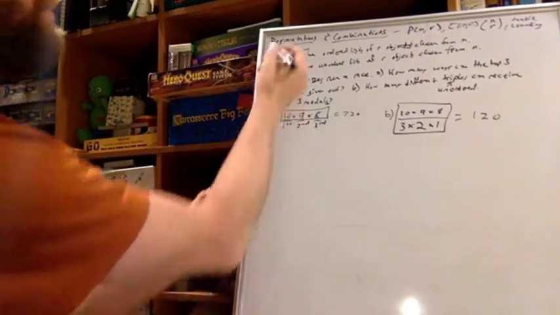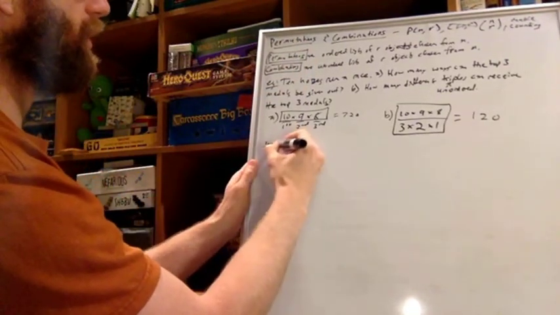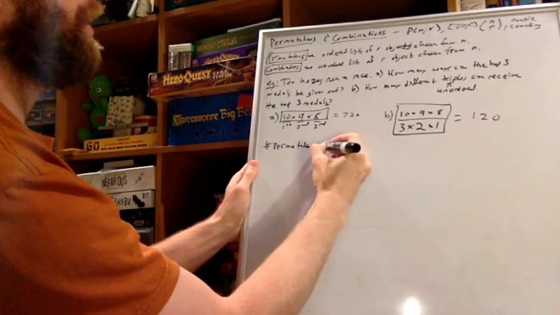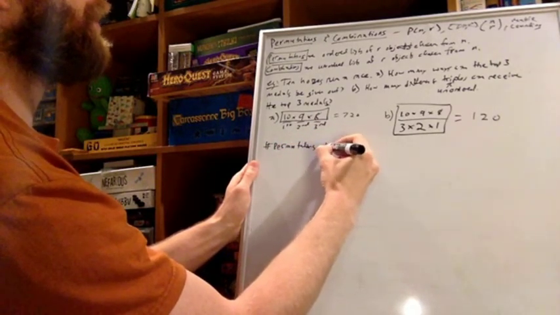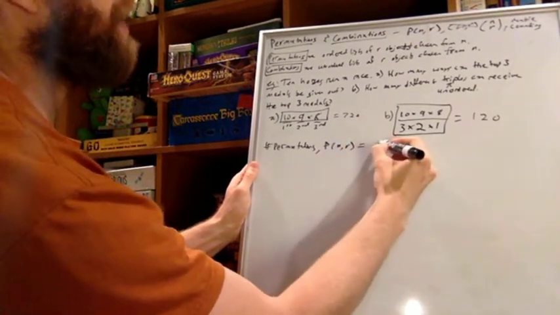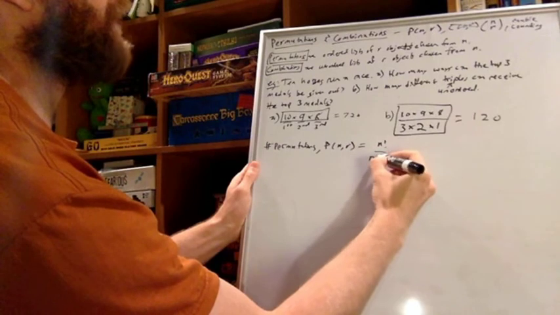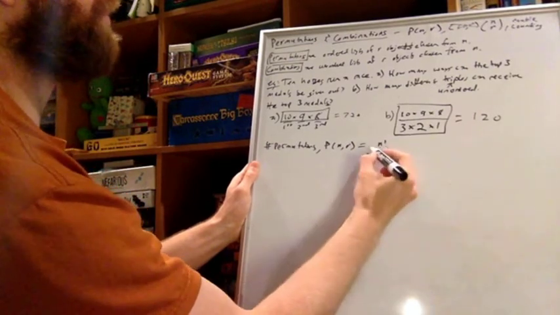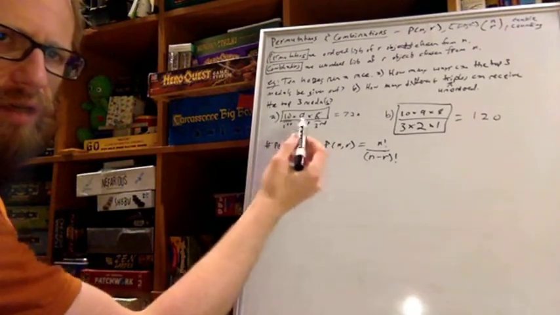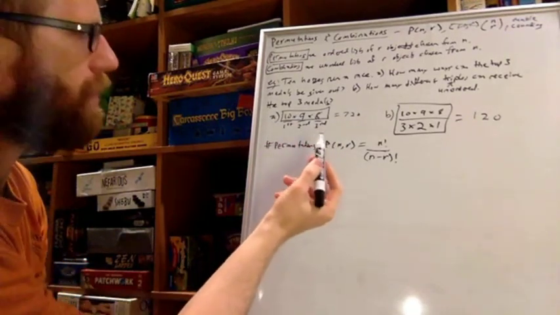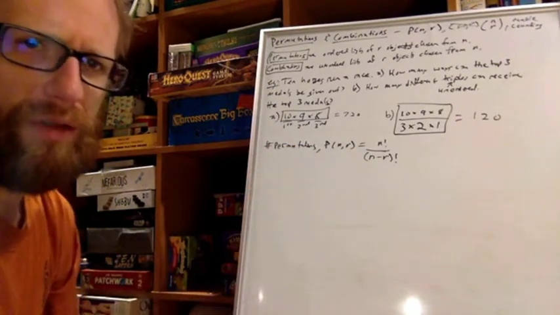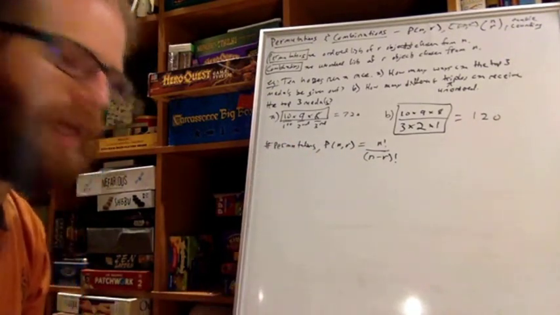So in general, the number of permutations is going to be PNR, and that's going to be n factorial over n minus r factorial. And why is that? Because when I'm doing this selection here, let's just do it for the 10 horses. If all I care about is the top 3 medals, I don't care about medals 4 through 10, right?